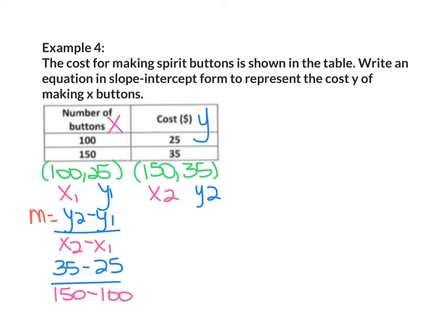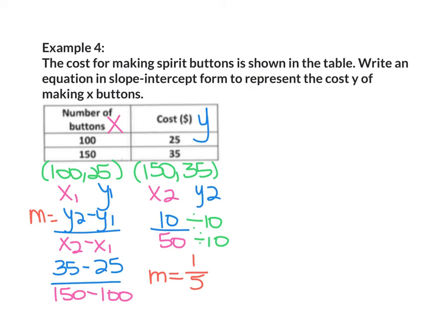So 35 minus 25 gives us 10. 150 minus 100 will give us 50. Now we're going to simplify. I know that 10 can go into both the numerator and the denominator. So I'm going to divide both by 10. So 10 divided by 10 will give me 1. 50 divided by 10 will give me 5. That means my slope is 1/5.